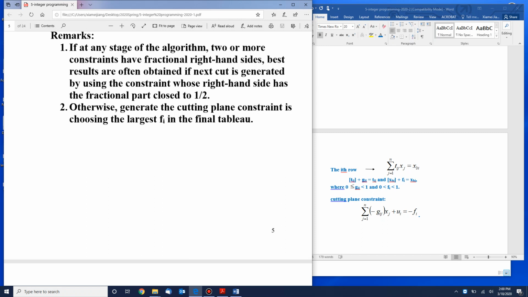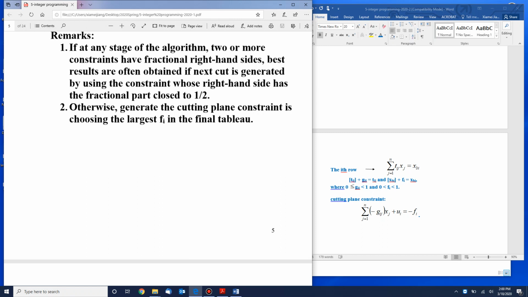First one: if at any stage of the algorithm two or more constraints have fractional right-hand sides, best results are often obtained if the next cut is generated by using the constraint whose right-hand side has the fractional part close to half.